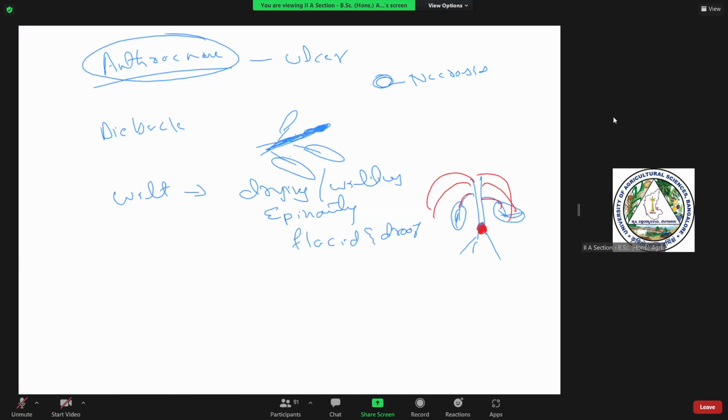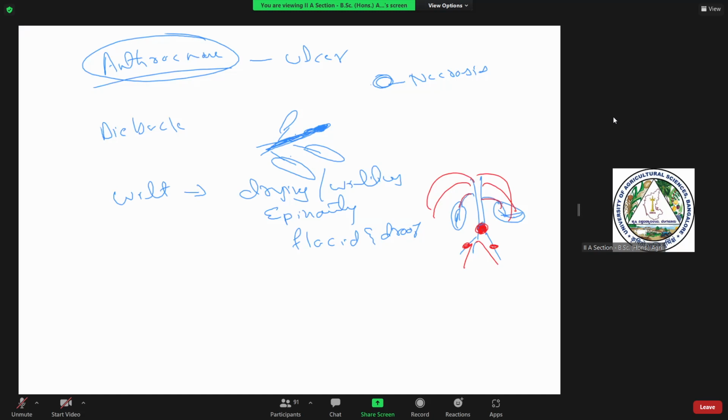So the wilting is commonly due to root injury, that is, if there is any root injury because of a pathogen, plugging of your water conducting vessels, or the toxic substances secreted by the pathogen, which normally affect the movement of water and nutrients.